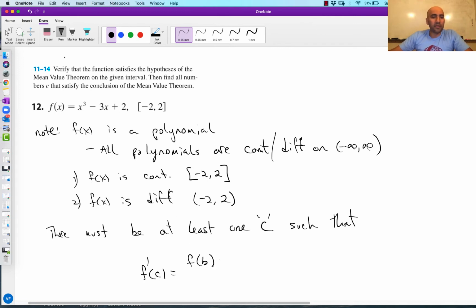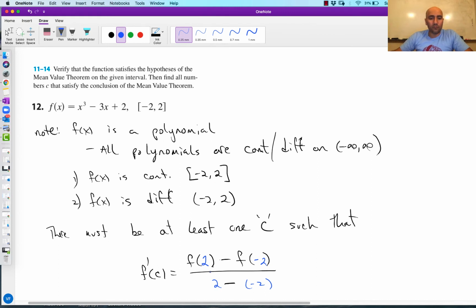Well, in this case, I'm just going to put it in terms of this particular question: f of 2 minus f of negative 2, all over 2 minus negative 2.